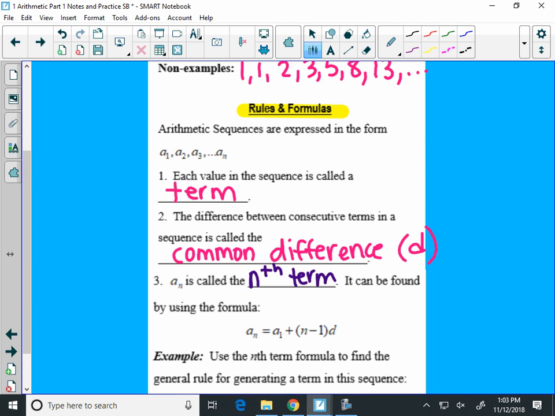The nth term has a formula, and we're going to use it a lot: a sub n equals a sub 1 plus n minus 1 times d. If I ask you to find the 100th term in a pattern, you're going to use this formula to help you find it. And we're going to do examples on the back.